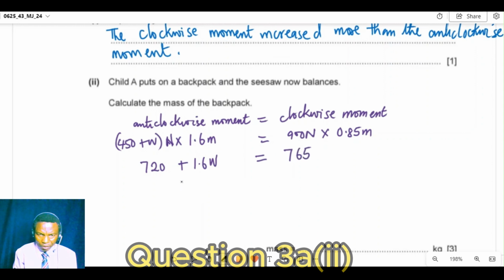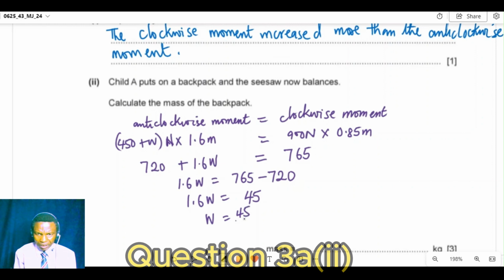So let's solve. So 1.6 W is equal to 765 minus 720. So 1.6 W is equal to 45. W is equal to 45 divided by 1.6.